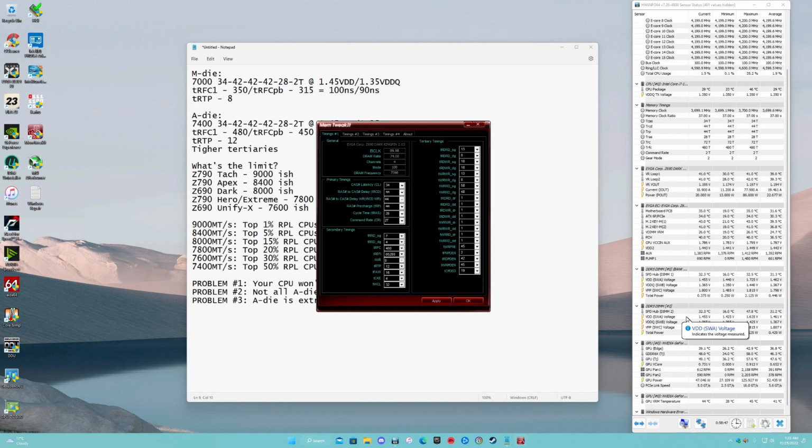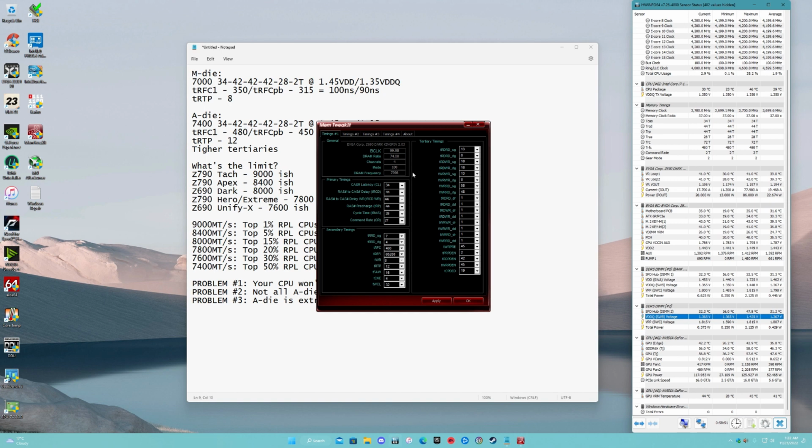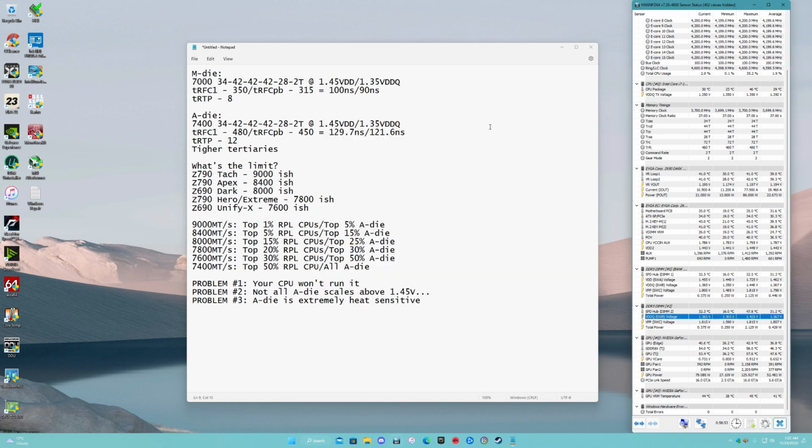If your A die can do those voltages with these sort of timings at 7600, you've got a great bin, and God bless you, that's awesome. If your CPU can match that max on your kit, even better. Two thumbs up, okay?